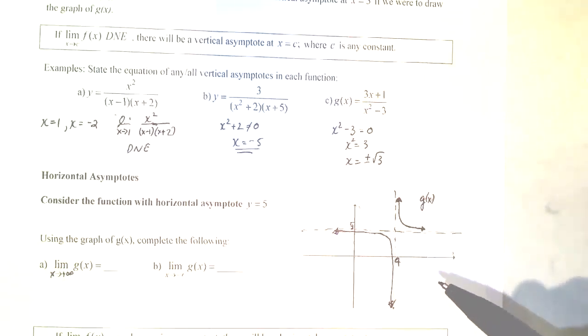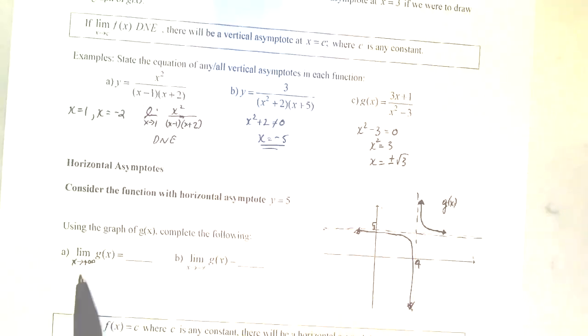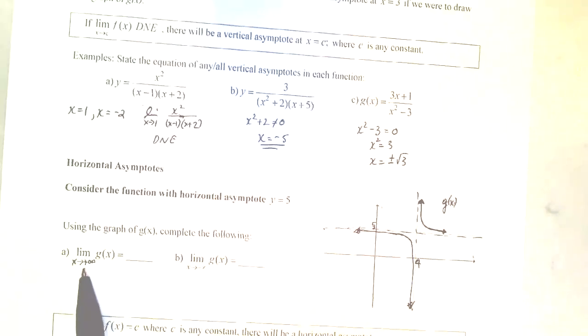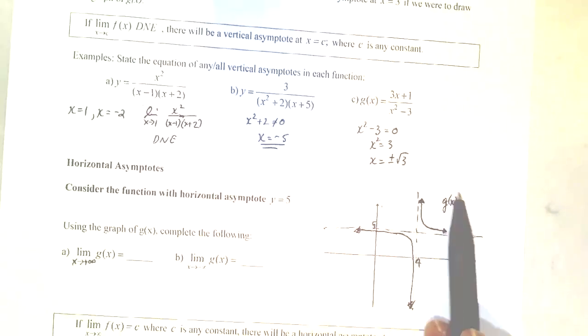The function would approach it and approach it and approach it to the point where you think it was sitting on top of it. And so what we say is if you're evaluating the limit as you go infinitely to the right of this function, the function approaches the value 5, where y equals 5.